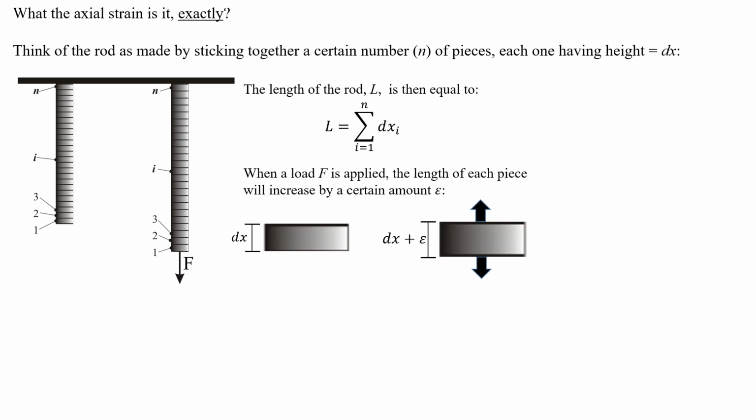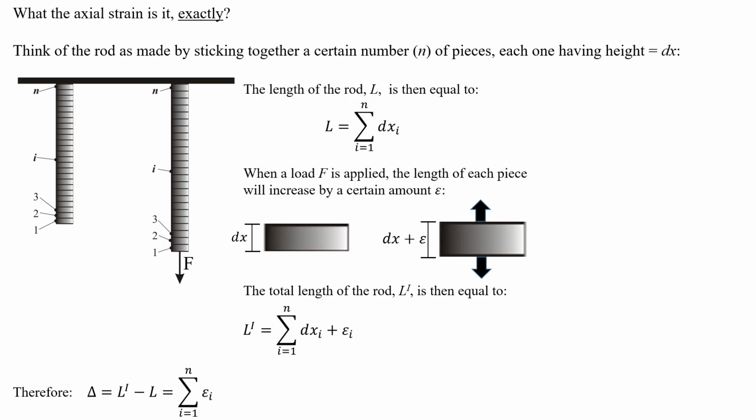All that is. That certain amount. The total length of the rod, Li, is then equivalent to the sum for i equals 1 to n, for however many times you've divided that up. Not hard. Okay.